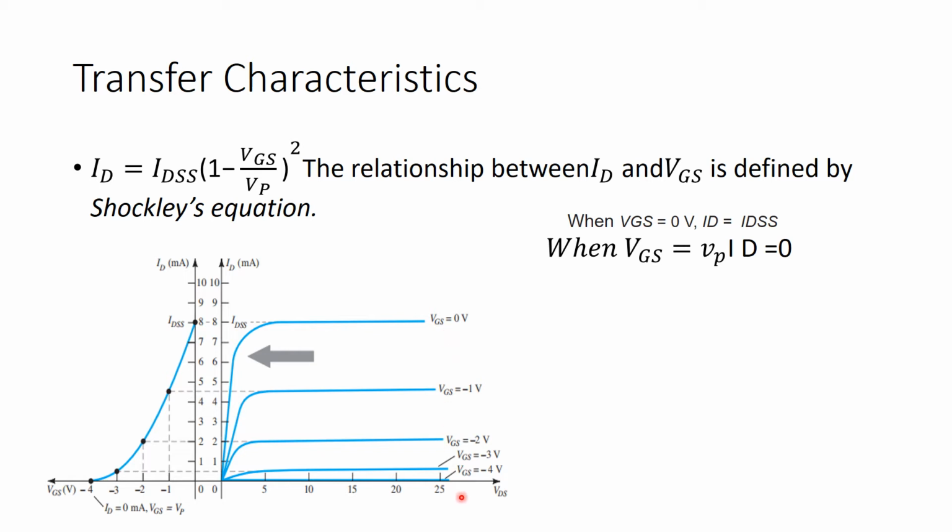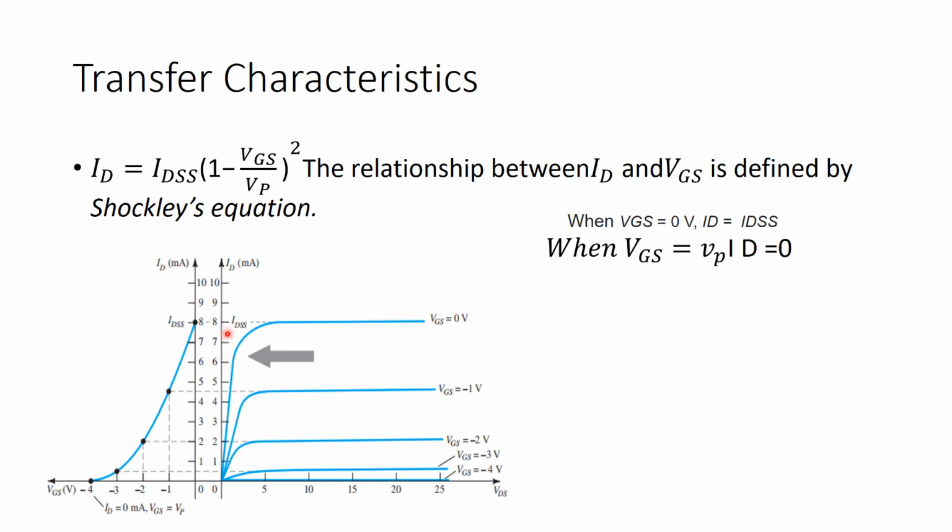So in this case, when VGS is equal to minus 4 volts, the drain current is 0. VGS is equal to minus 3 volts, the drain current happens to be 0.5 milliamperes. When VGS is minus 2 volts, the drain current is 2 milliamperes, and when VGS is equal to 0 volts, the maximum drain current flowing is 8 milliamperes.